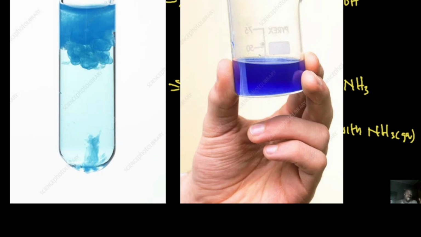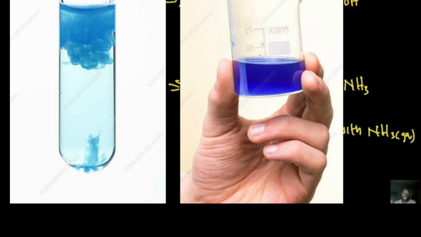Initially, you will see something like this particular picture on the left. When you introduce aqueous ammonia in drops, this is light blue gelatinous precipitate. But when you now put the ammonia in excess, the copper 2 hydroxide that is formed now reacts with the excess ammonia to form a soluble blue copper 2 solution.